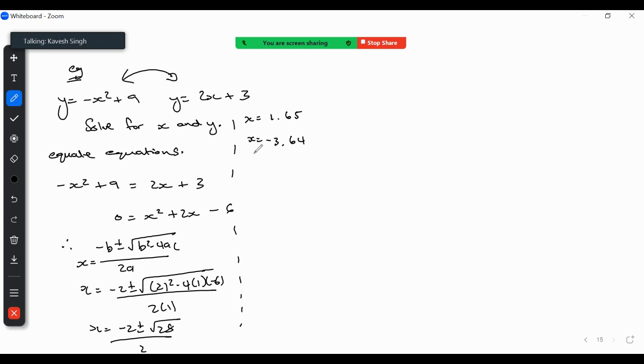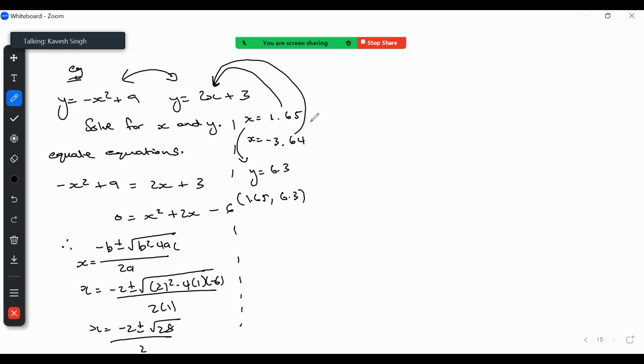So I substitute into here, and it will shoot out the correct y value. And so for this one, the y value comes to 2 times 1.65 plus 3, 6.3. That will be a coordinate.